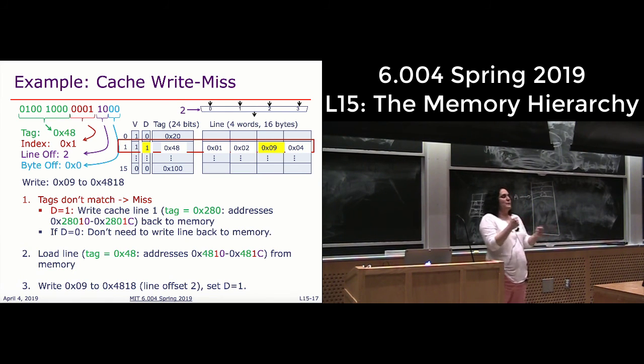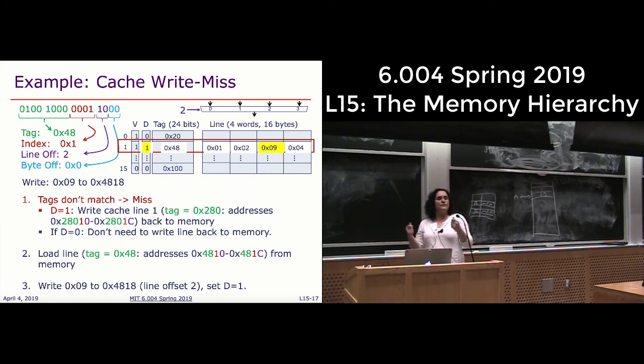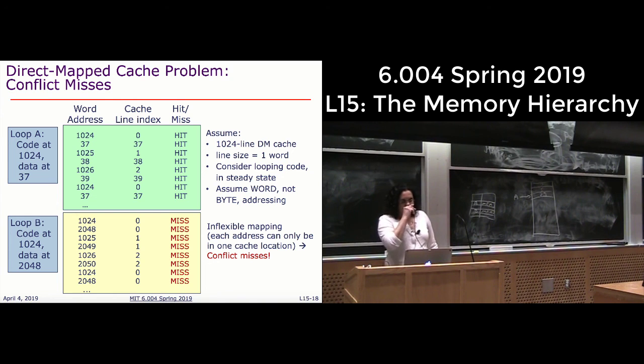So if I'm only going to update one of the words, not the entire line, I must first read the entire line from my main memory and only then update the appropriate word. Okay, so first I read this line in, I cleared my dirty bit because now I have the same value as what's in main memory. And now I can go ahead and write to word 2 of this line, which will set this to 9 and my dirty bit to 1. Okay? Any questions about that?